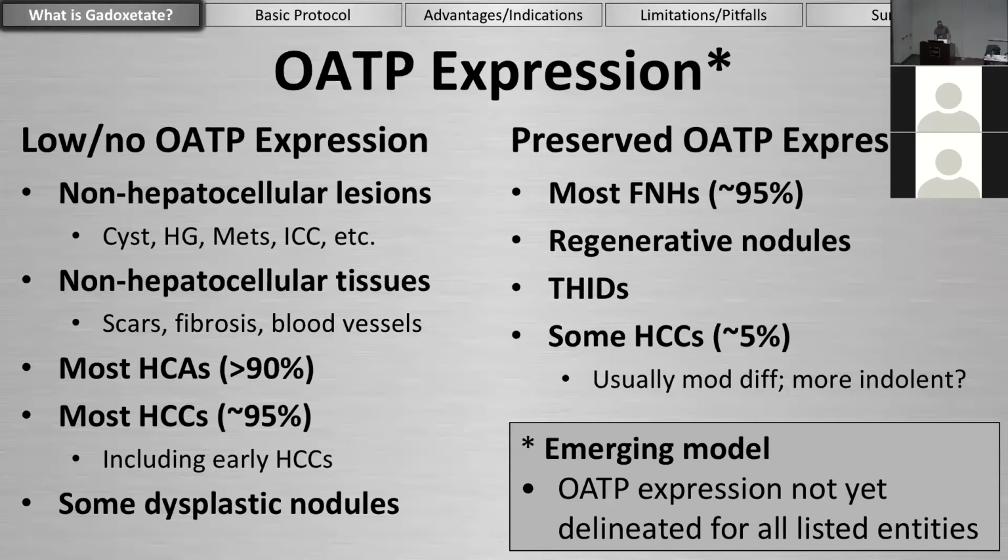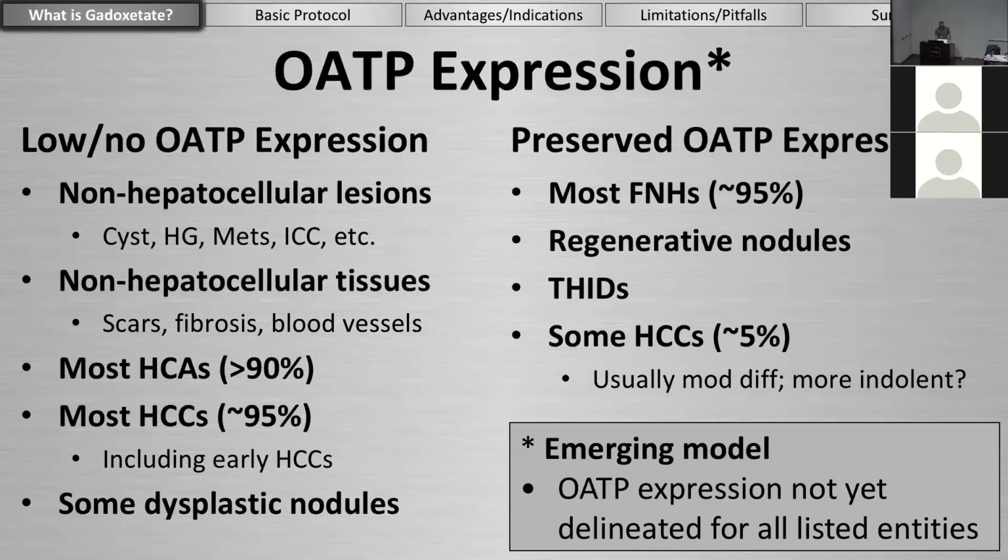So you can see now that if you memorize this list of what tends to have and what tends not to have OATP expression, you will be able to predict what you would see when you use this particular contrast agent. Now, some things need to be memorized, but some things don't. Non-hepatocellular lesions, non-hepatocellular tissues, that's a no-brainer. If you know that OATP is expressed in hepatocytes, but not in non-hepatocytes, then this is very easy to remember.